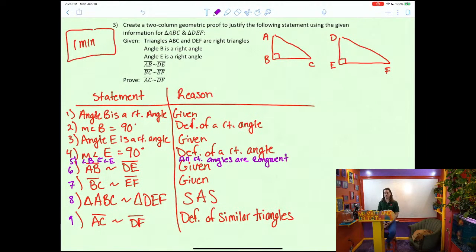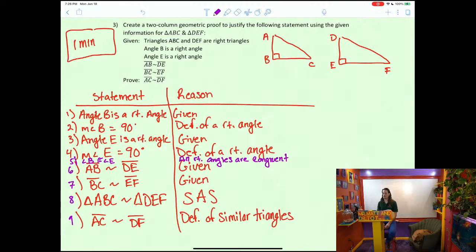So we established that both of them are equal to 90 degrees. Their measures are equal to 90 degrees because they're both right angles by the definition of a right angle, and therefore those two right angles must be congruent to each other because all right angles are congruent. Then we also have the given information that line segments AB and DE are proportionate, as well as line segments BC and EF are proportionate.